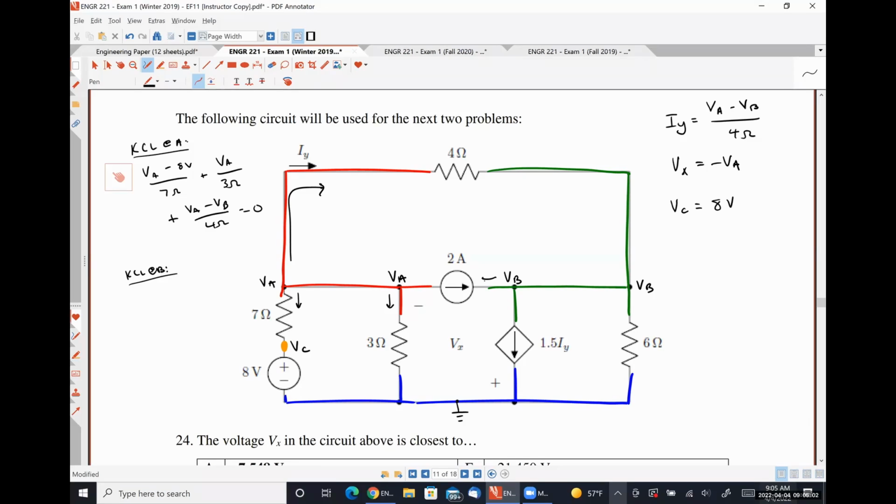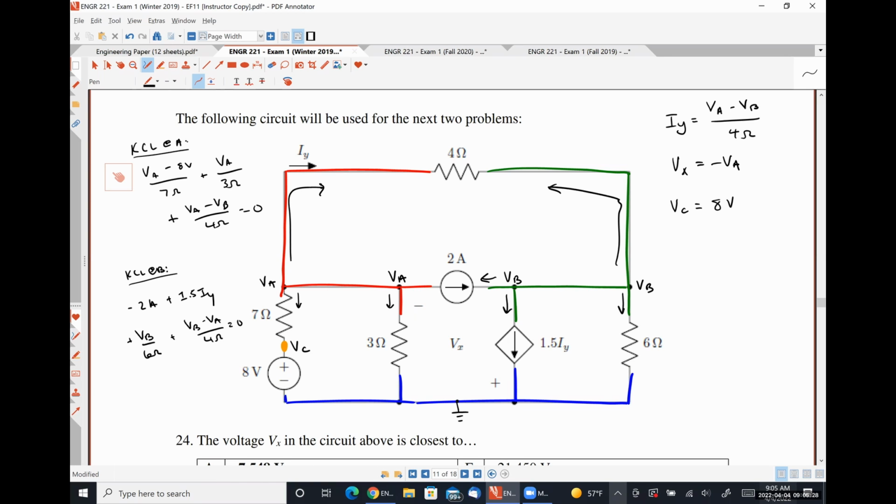I'm going to have this term, this term, this term, and this term. So that's negative 2 amps plus 1.5 IY plus VB over 6 plus VB minus VA over 4 is equal to 0.